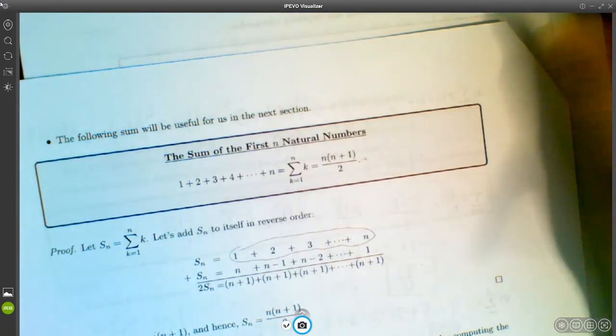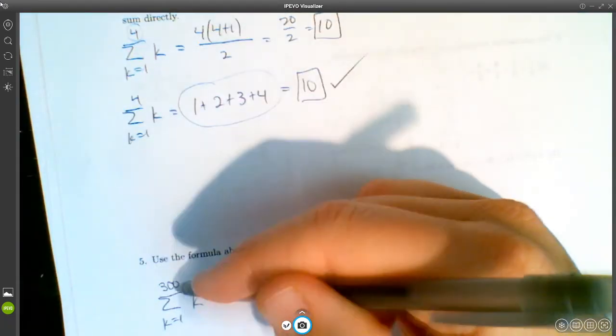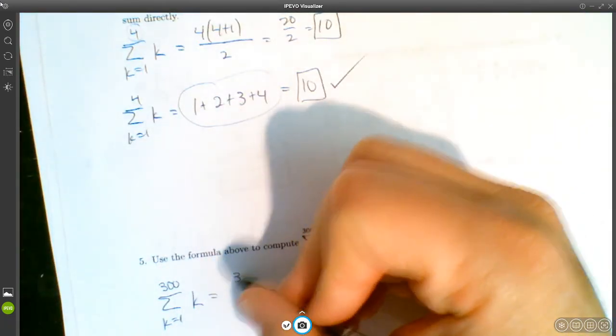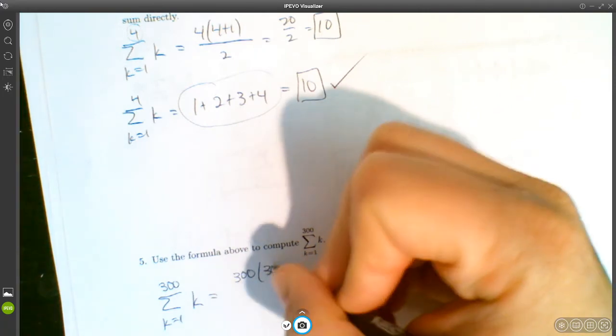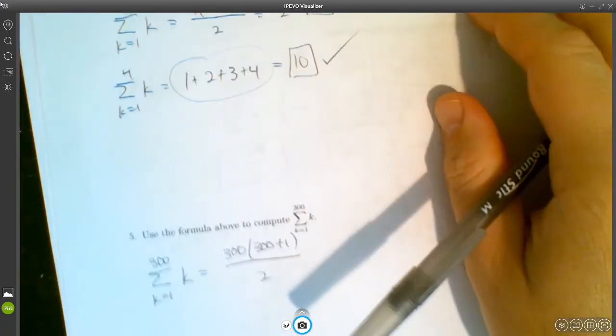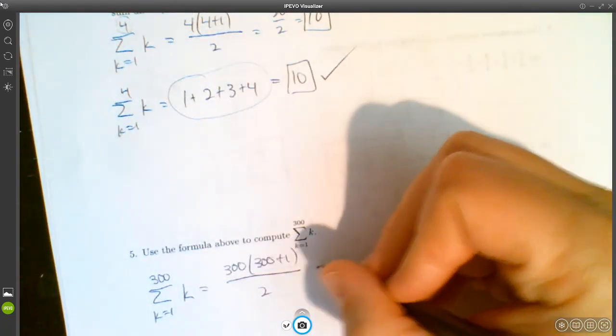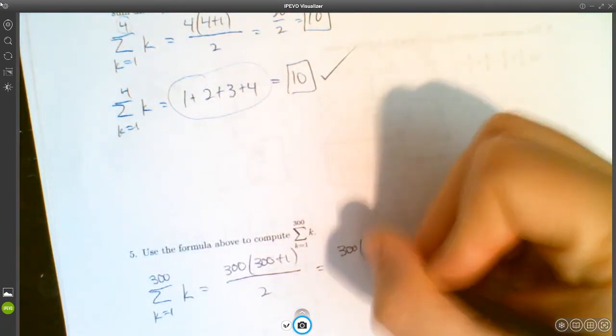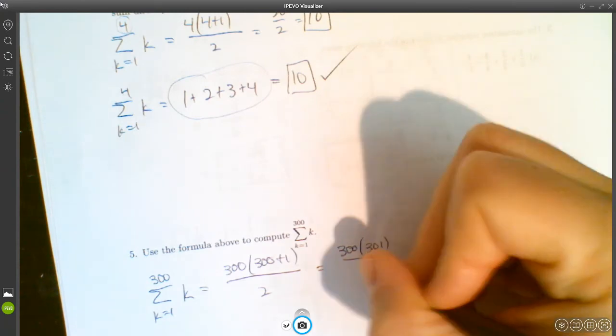We know that the sum of the first 300 natural numbers is just going to be 300 times 300 plus 1 divided by 2. It's that simple. So it's 300 times 301 over 2.